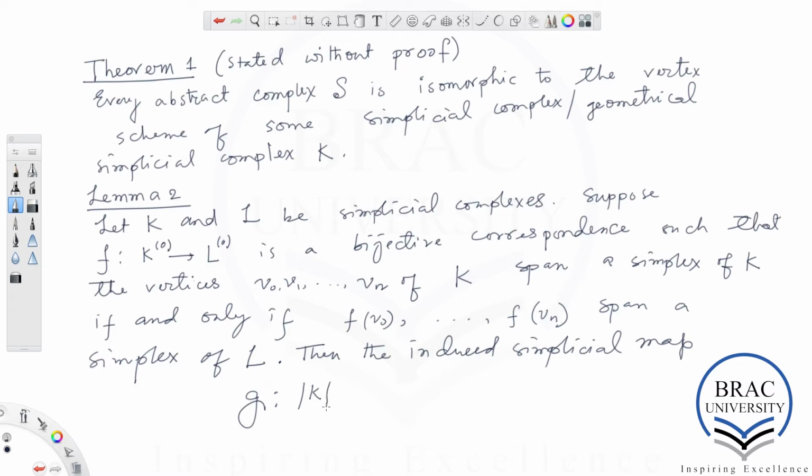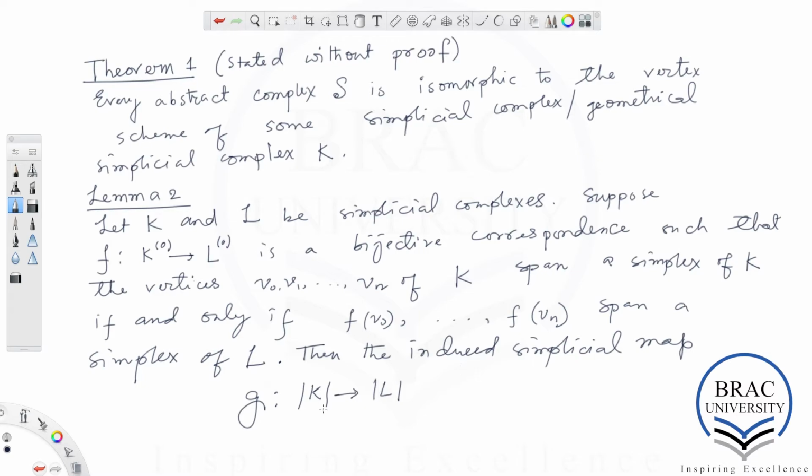corresponding underlying spaces. So K mod is the underlying space of K, which is of course a topological space. And the underlying space of L is given by L mod. So there is an induced simplicial map from K mod to L mod, and that is going to be a homeomorphism.